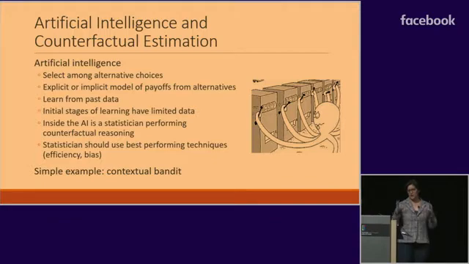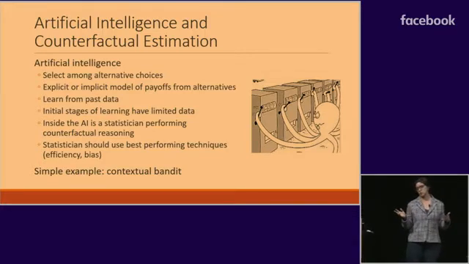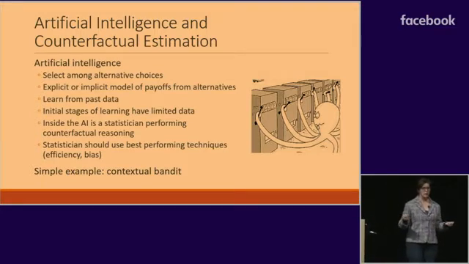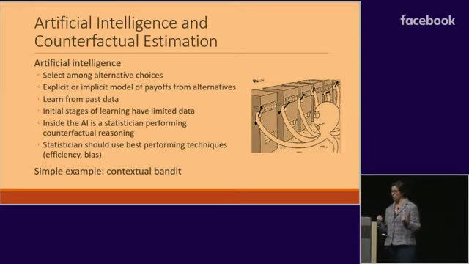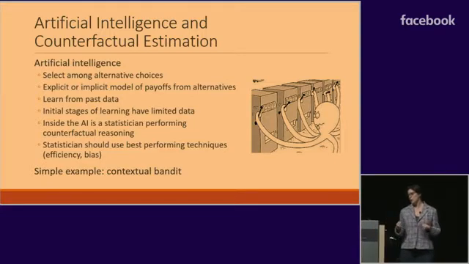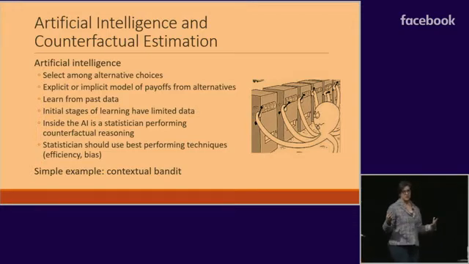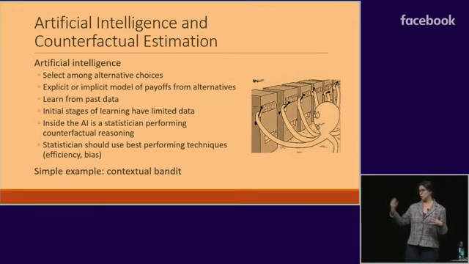Now, drilling in a little more deeply into true AI algorithms, I'm going to use contextual bandits as an example in this talk, because that's a very simple, tractable example of a very simple artificial intelligence algorithm. A multi-armed bandit balances exploration and exploitation to try to figure out which arm is the best to pull, which is the best treatment arm. And a contextual bandit understands that in different states of the world, there might be different optimal treatments.